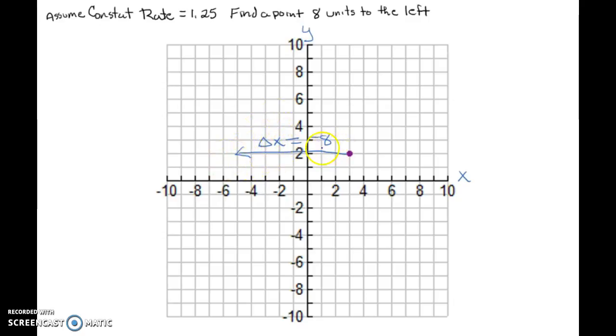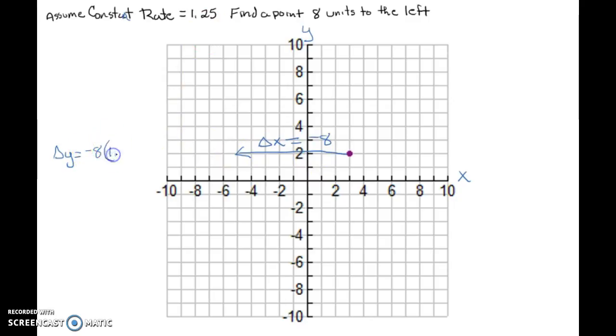So now if we change 8 units to the left at this rate, just as we did before, for every 1 unit horizontal, we would change by 1.25. And this time we're going to change by 8 units in a negative direction.